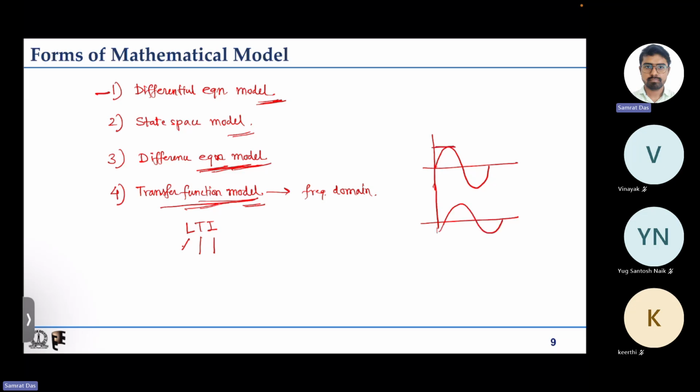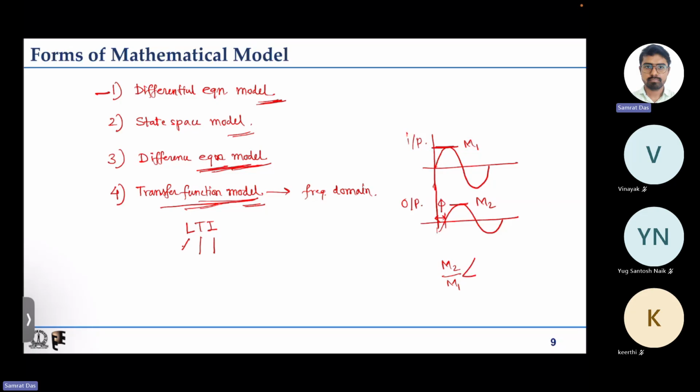So obviously if this is the magnitude, say m1, and this is the magnitude m2, then there is some ratio m2 by m1. That is the gain of the system, and it also has a certain phase difference. So if this is the input and this is the output, then the output is lagging the input by a certain angle, say phi.